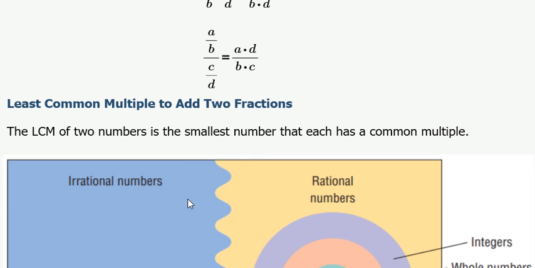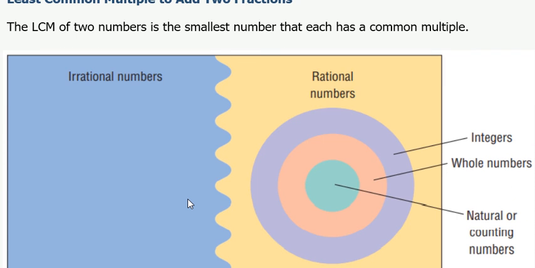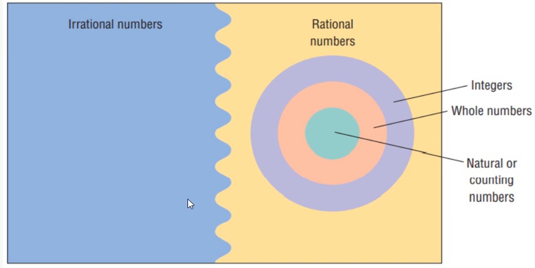The least common multiple is used for two fractions having two different denominators. The LCM of two numbers is the smallest number that each has as a common multiple. This picture is worth remembering while we are thinking mathematically. The rational numbers include integers.